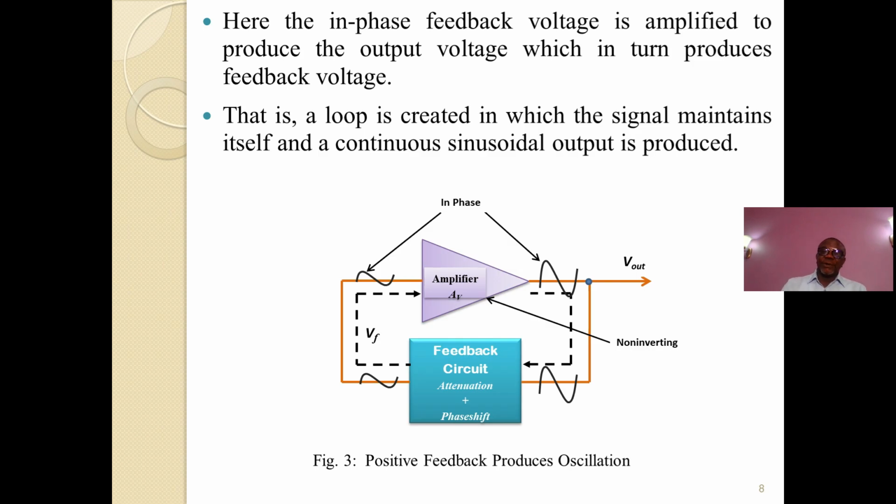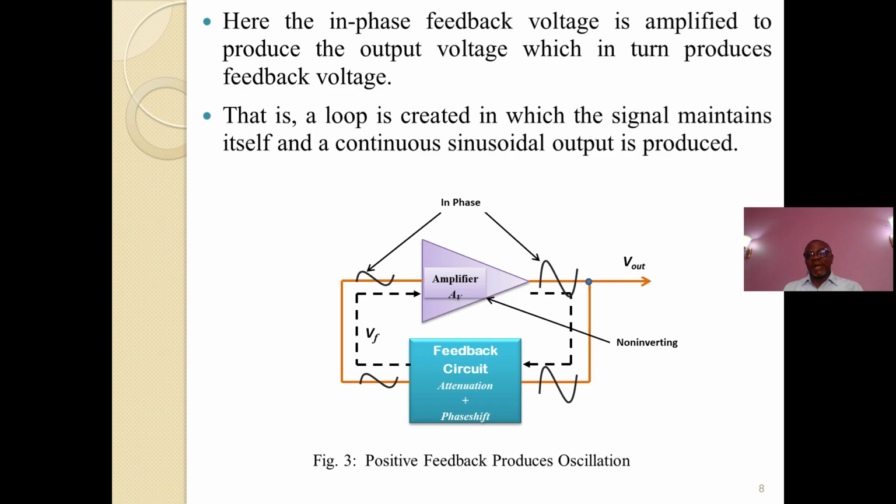So a portion of this signal coming out from the amplifier is fed back through the feedback circuit, where it passes through some level of attenuation and probably phase shift. Then that is fed back as VF to the amplifier. So that is the principle of it.